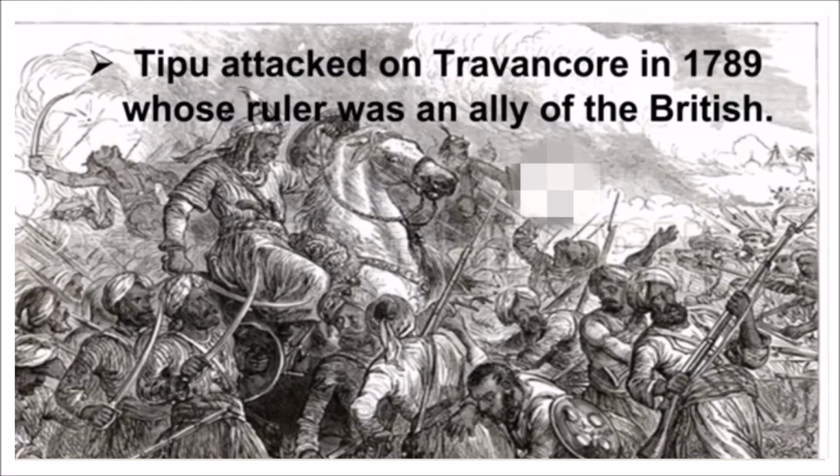The second reason is that Tipu attacked Travancore in 1789, whose ruler was an ally of the British. Here, ally means friend. So, these two reasons led to the Third Anglo-Mysore War.